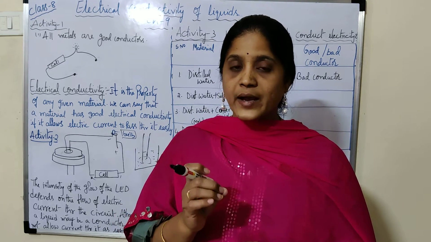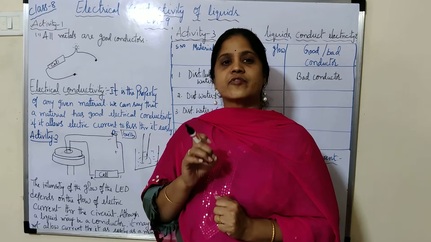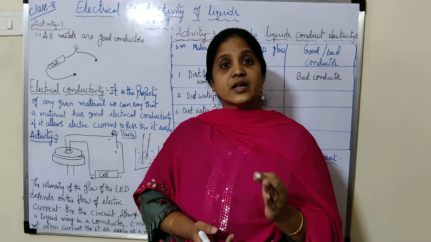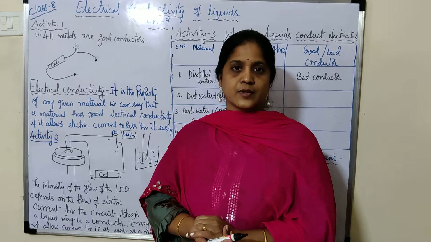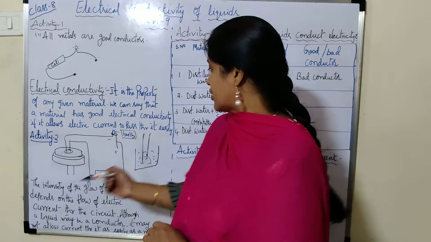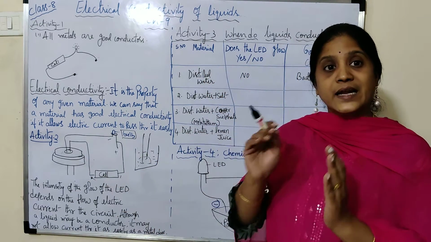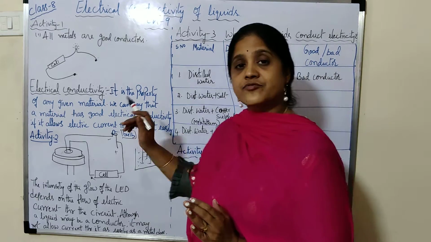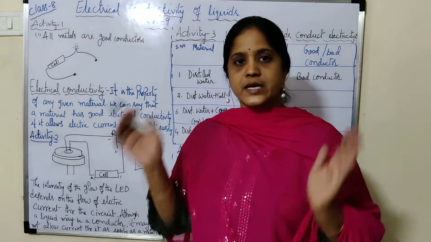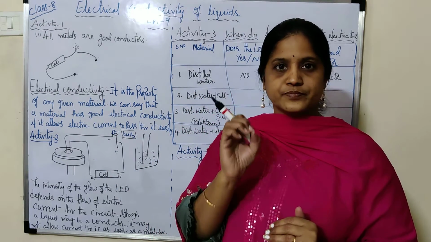But when you compare these liquids with the metals or the solids, their conductivity is less. How do we know? See, when you are taking the different solutions, if you observe the brightness of the bulb, sometimes the bulb glows brightly and sometimes the bulb glows dim.